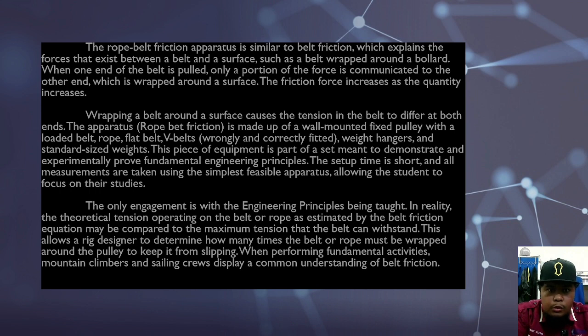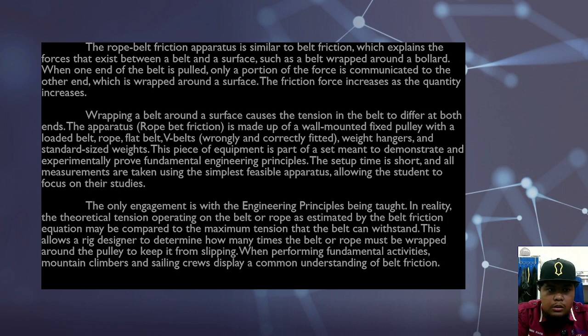This piece of equipment is part of a set meant to demonstrate and experimentally prove fundamental engineering principles. The setup time is short and all measurements are taken using the simplest apparatus, allowing the student to focus on their study. The only engagement is with the engineering principle being taught.